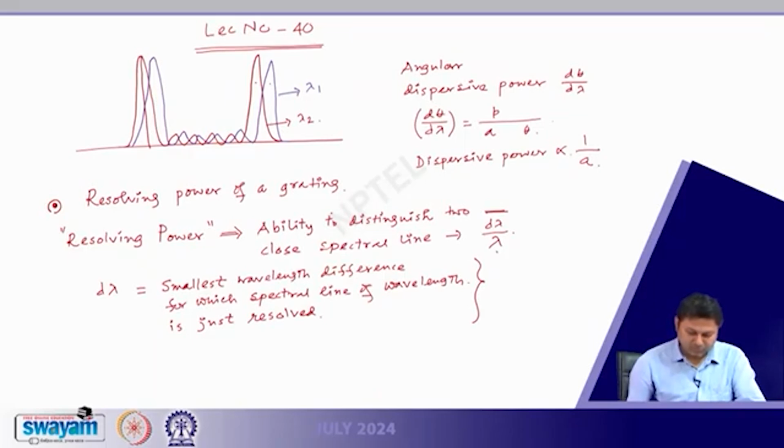So, what is the ability to distinguish two closely spaced spectral lines? That is the quantity we are looking for.